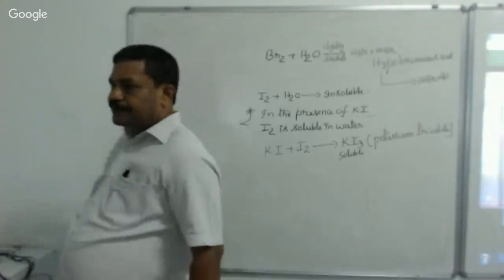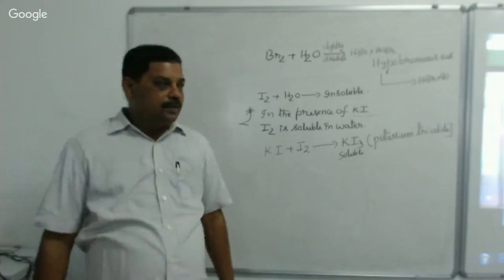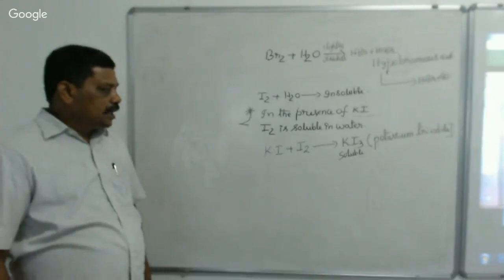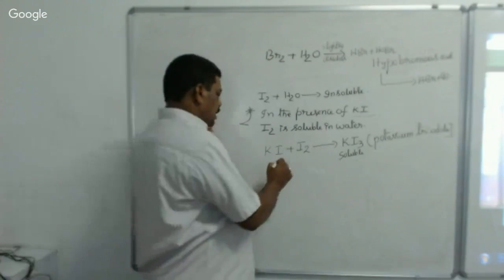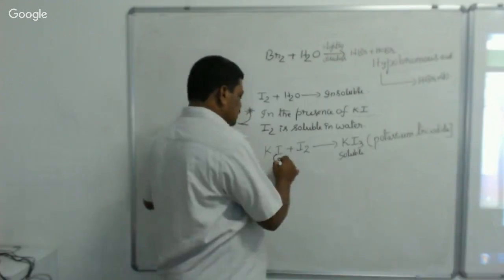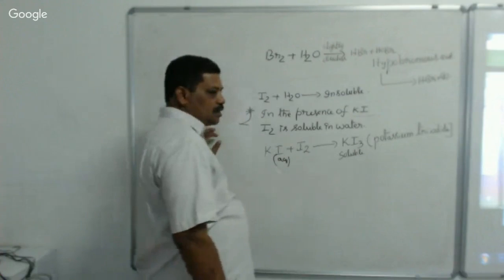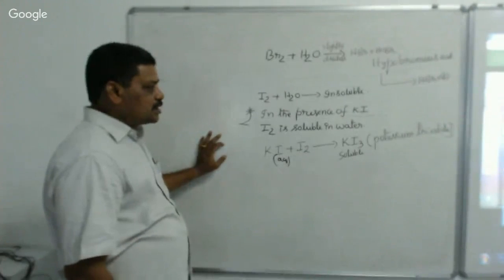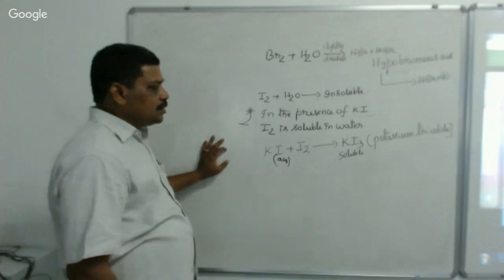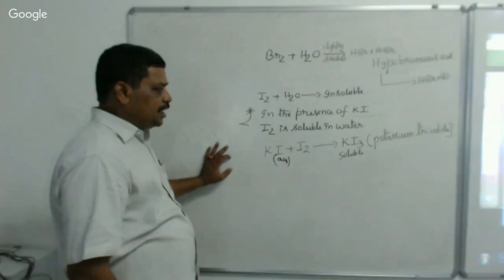So why does the water solubility of iodine increase in the presence of aqueous KI? Because you are getting a soluble compound. What is that soluble compound? Potassium triiodide, KI3.